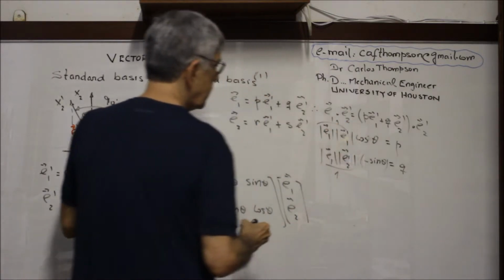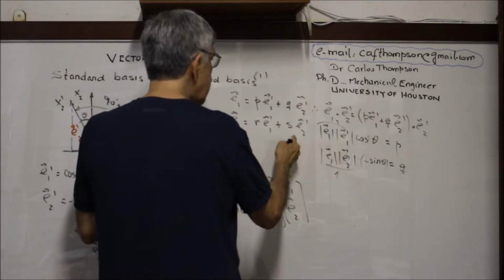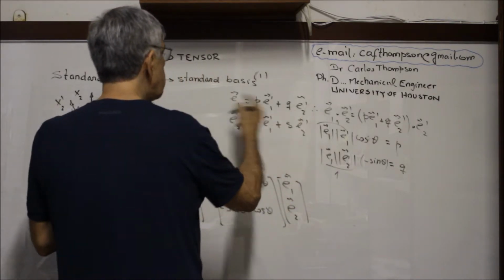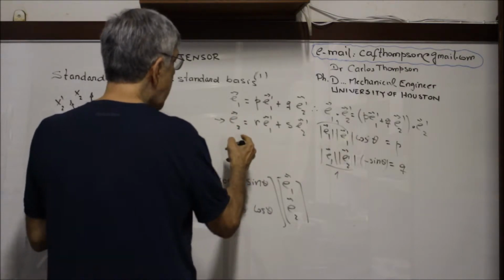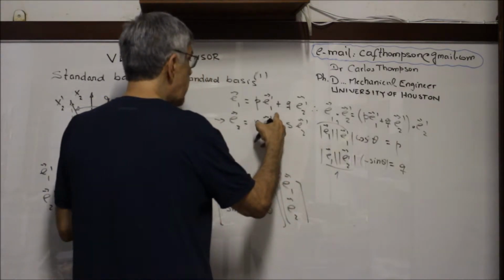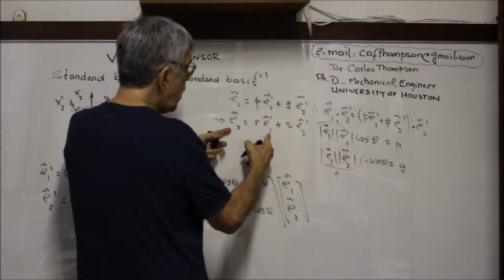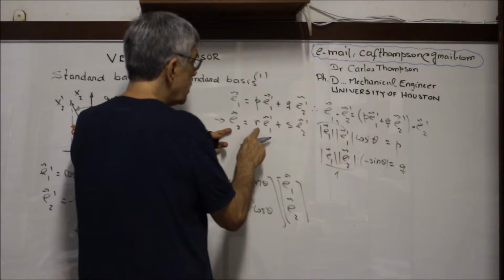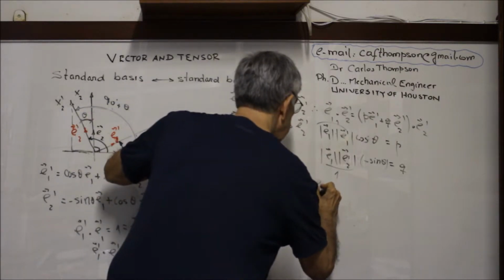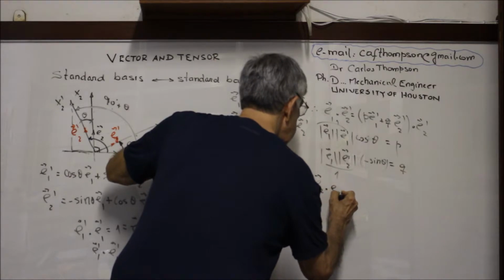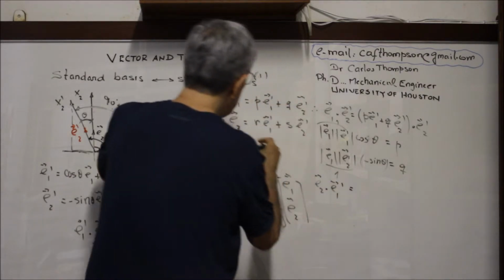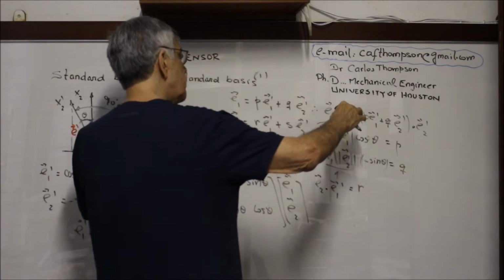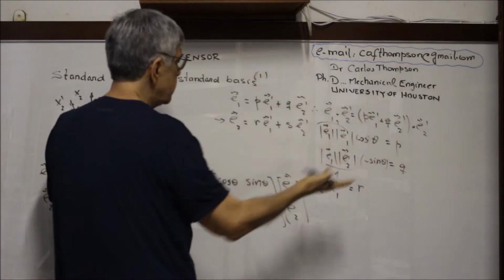Likewise, this is 1. Now, to get R and S, I'll do the same. I'll multiply both sides by E1 prime. Now, this will be R. E2 dot E1 prime is equal to R. I'm jumping the steps that I did before, it's the same thing.